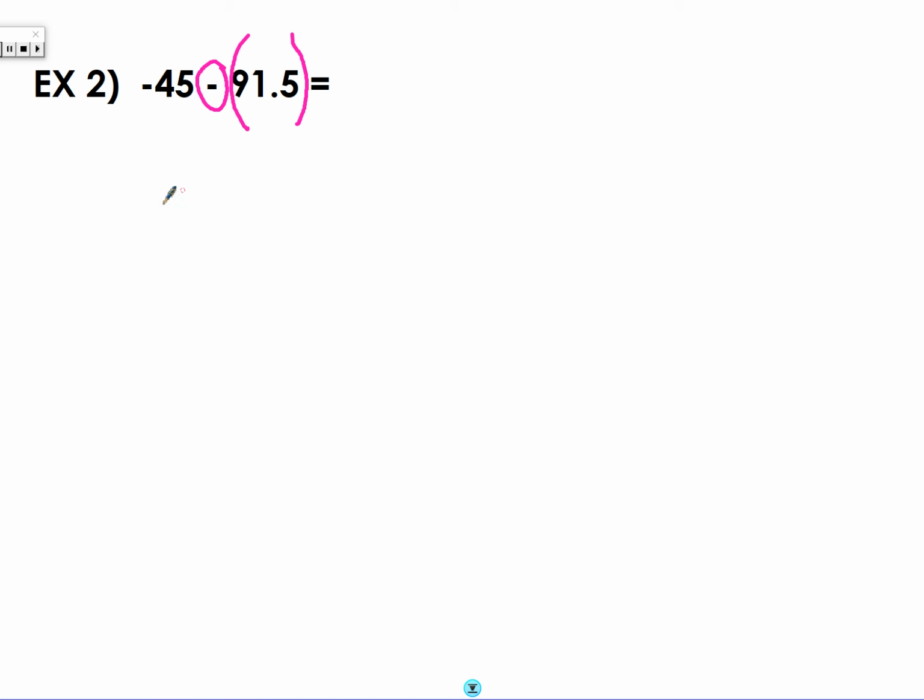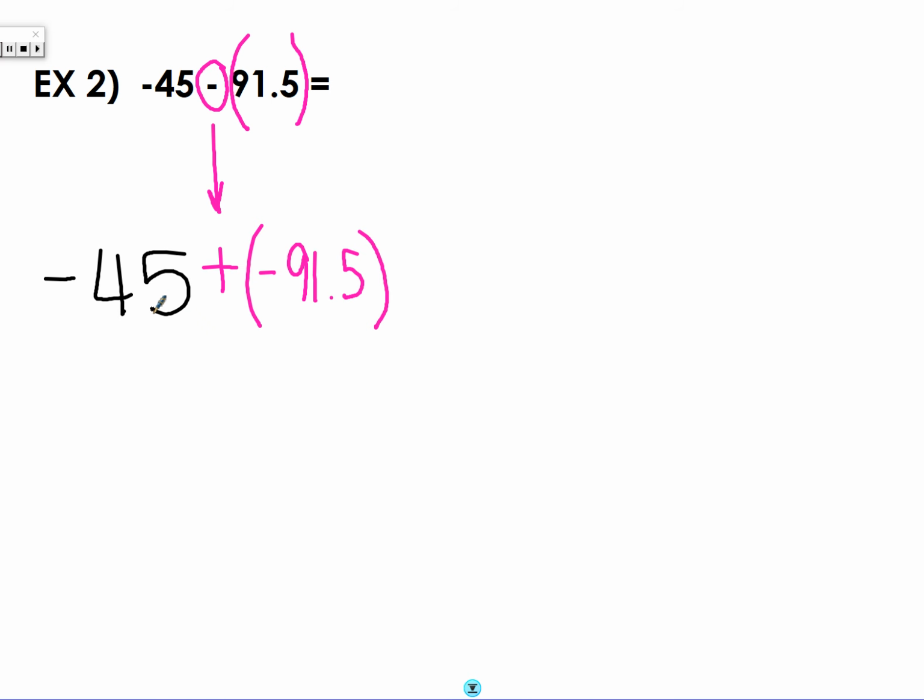And that way we know instead of a subtraction, we're going to do an addition. And instead of 91.5, we add negative 91.5. I'm going to put the negative 45 back. Notice we did nothing to that value. When we subtract, we use the additive inverse property to be able to do our subtraction as addition.